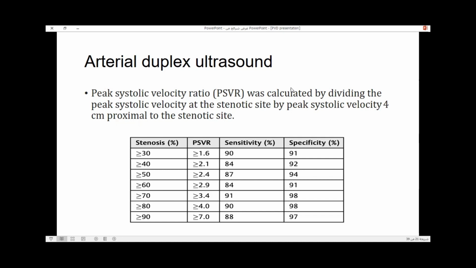Some opinions go with a ratio between 25 to 60. There are a lot of ideas regarding that, but there are actually 3 or 4 articles regarding that ratio, which have a lot of benefit for deciding whether the patient goes for intervention or not, according to the stenosis degree.